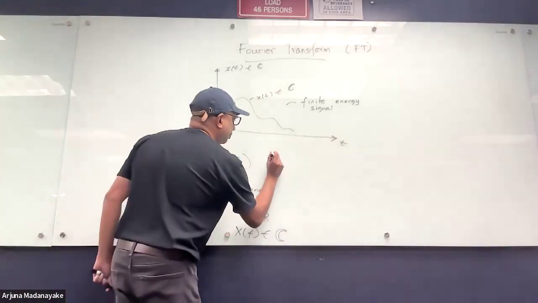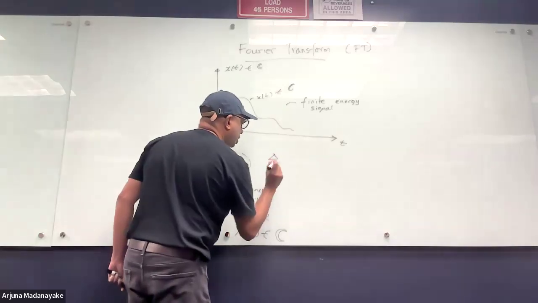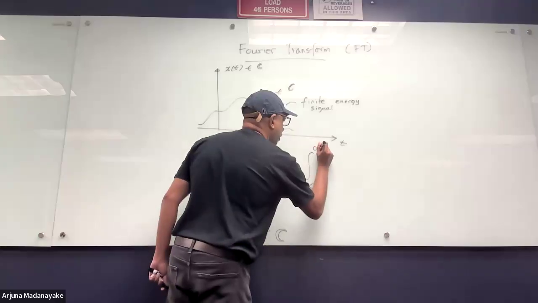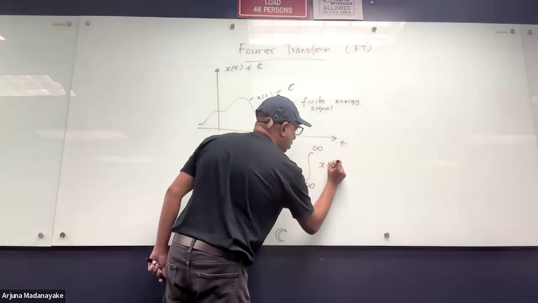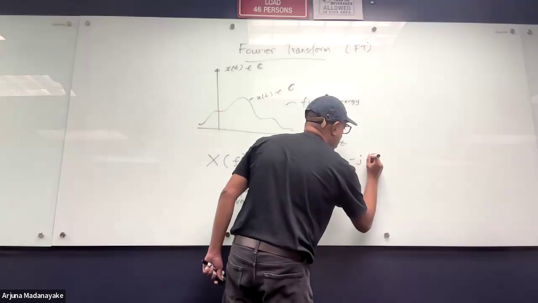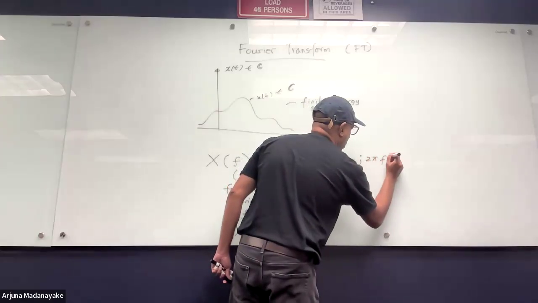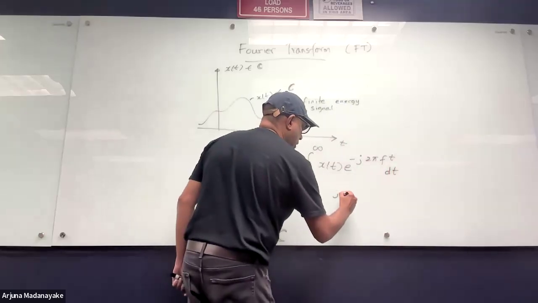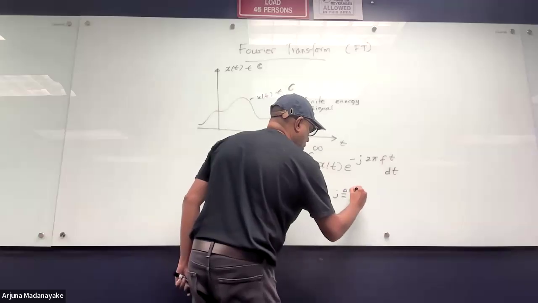This is defined by definition as the integral from negative infinity to infinity of x of t e to the minus j 2 pi f t dt, where j is by definition the square root of negative one.